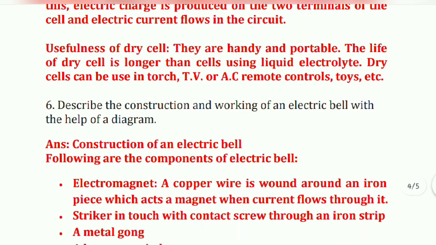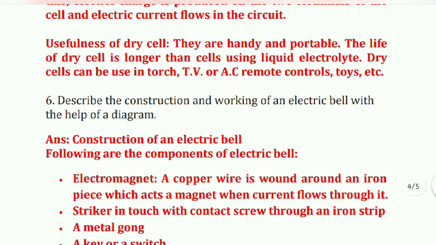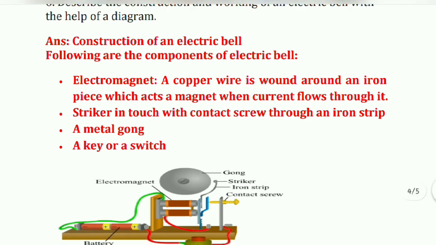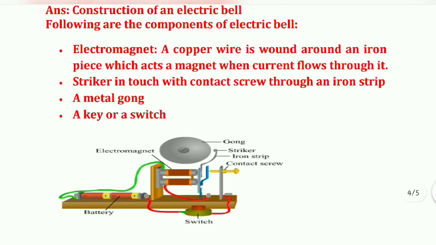Then describe the construction and working of an electric bell with the help of a diagram. So the answer is construction of an electric bell. Following are the components of an electric bell. So first one, electromagnet.